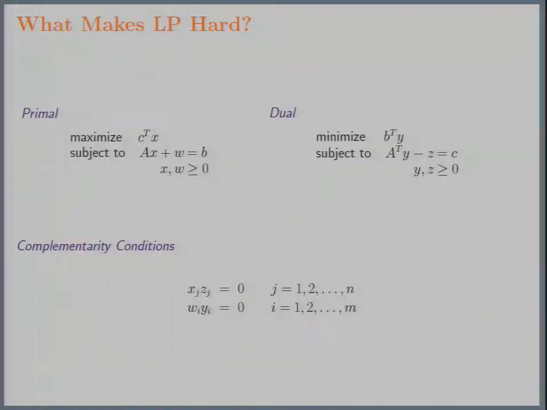So that's another way of saying it. And if we take those equations and then throw away the non-negativities and count up equations, we have m here, n here, n here, and m here. That's 2n plus 2m equations and 2n plus 2m unknowns. That's kind of a nice situation to be in.